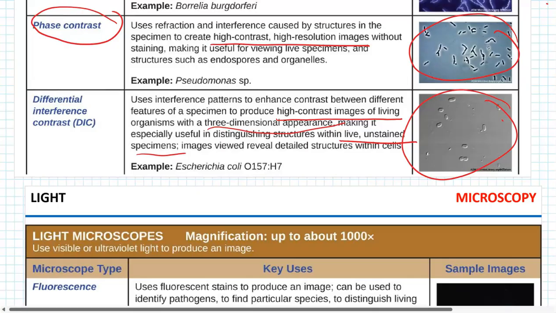So we'll see why I focus so much on live and unstained. So you effectively can mix bacteria with water, subject them to DIC microscopy, and observe individual cells with their 3D shapes. Okay?